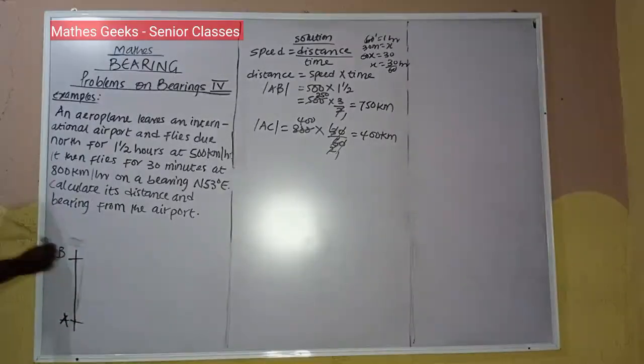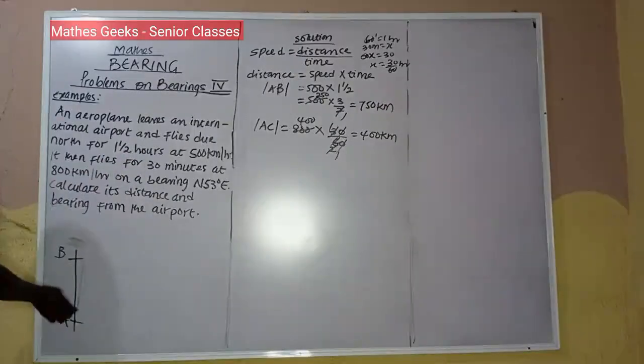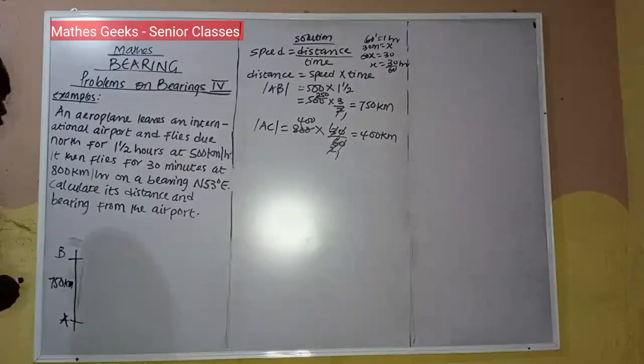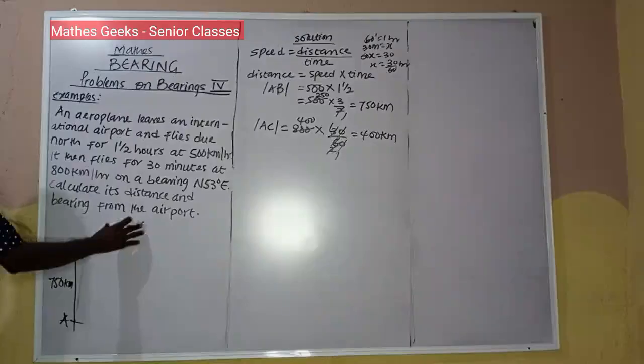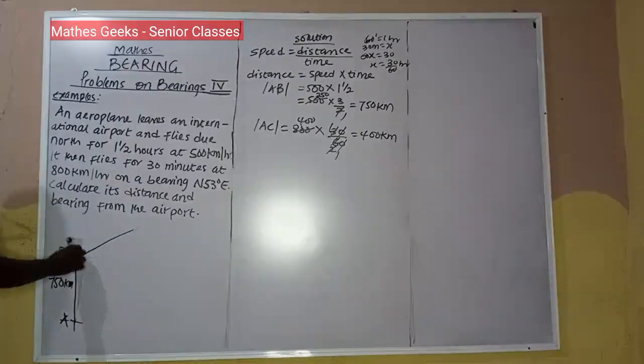Let's call here point B, and then the distance from here to here, AB, is 750 kilometers. And then from here, north is 0 degrees east, which should be like this, and that is north 53 degrees east.